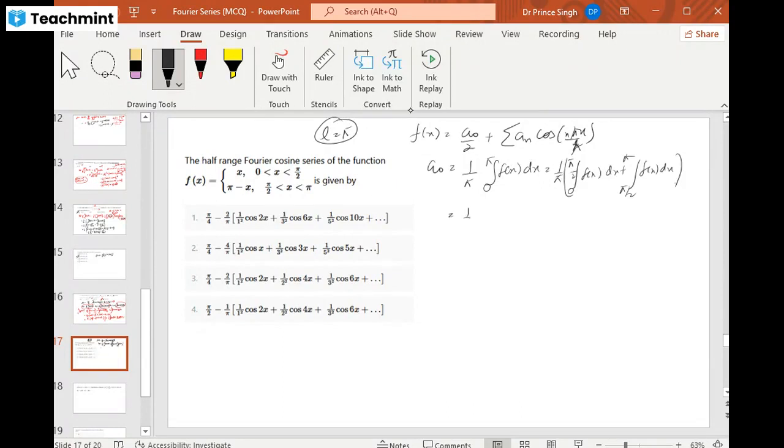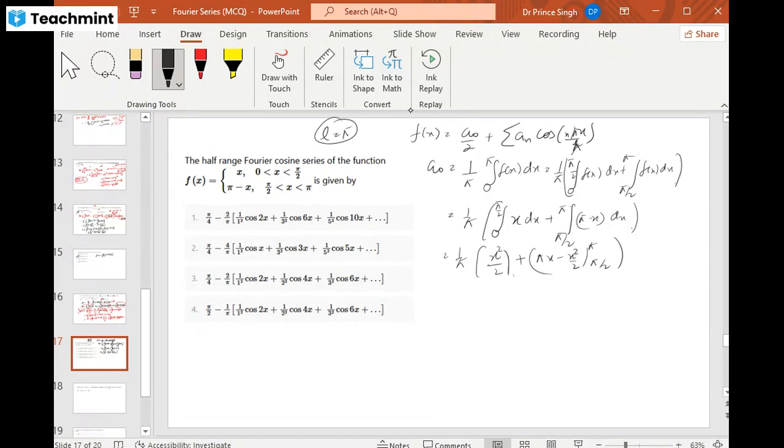So this is equal to 1 upon pi integral 0 to pi by 2. The value of the function is x, and in the interval pi by 2 to pi, its value is pi minus x dx. If we solve this integral, the integral of x is x squared by 2, and the integral of pi minus x is pi x minus x squared by 2, with the interval pi by 2 to pi.